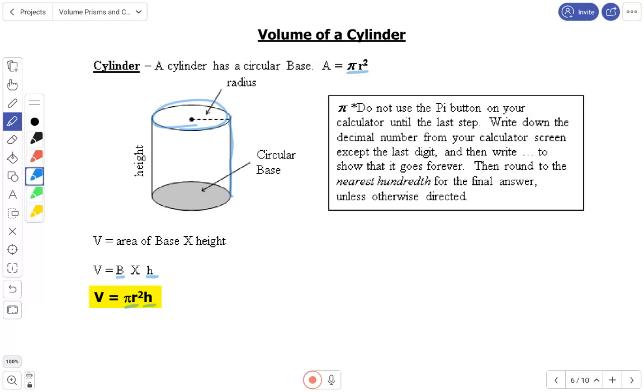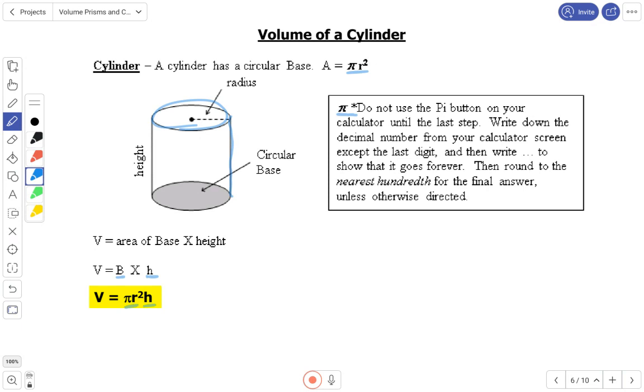One thing that you have to remember this year is that we are not going to use 3.14 for pi. You have on your calculator a pi key, and that's what we're going to be using when we're finding the volume of these cylinders.